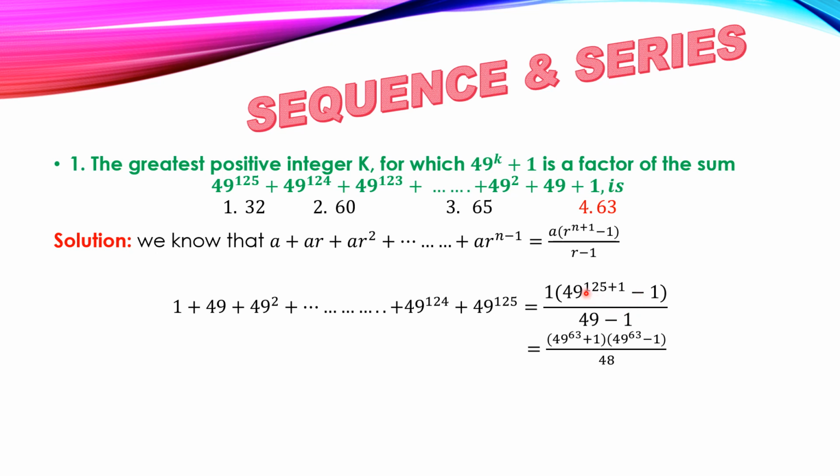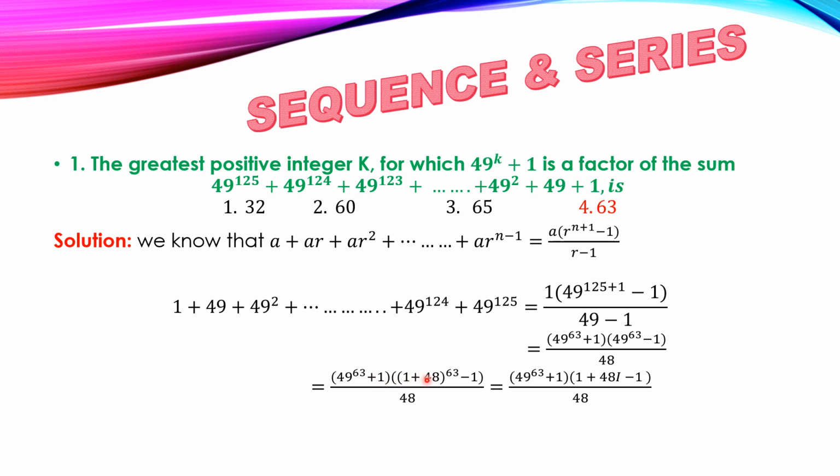So 49^126 is written as (49^63)^2 - 1, and 1 means 1^2. So this is the form a^2 - b^2 = (a + b)(a - b). So here we write (49^63 + 1)(49^63 - 1)/48. Next, in this one, the first term is the same.